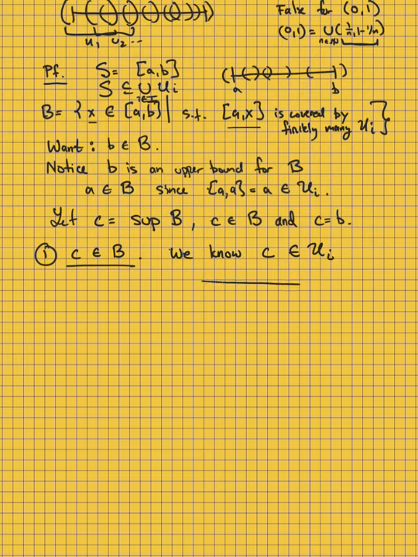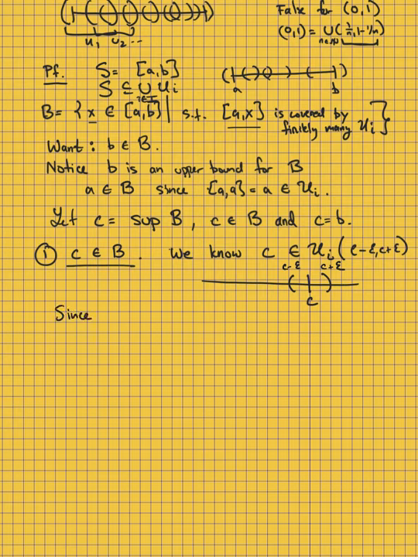So maybe I'll just draw the picture here. We have C, some U sub I, which I'm going to assume looks like C minus epsilon, C plus epsilon. I can always find inside of U sub I a small neighborhood which looks like this.